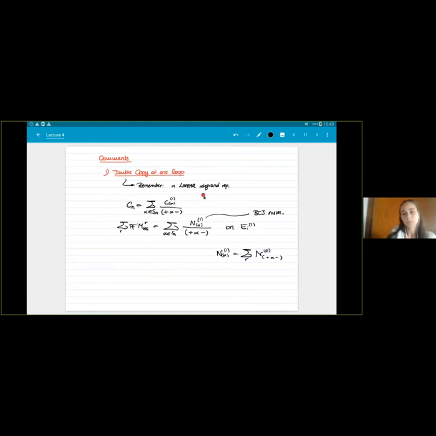If you start with BCJ numerators in the standard representation and expand it into this linear representation, you will still have BCJ numerators. The other way around is not known how to do. So that leads us to a really important conclusion, which is that the double copy in this linear representation seems to be more general. Whether this is useful or not remains to be seen, but it's something important to keep in mind.